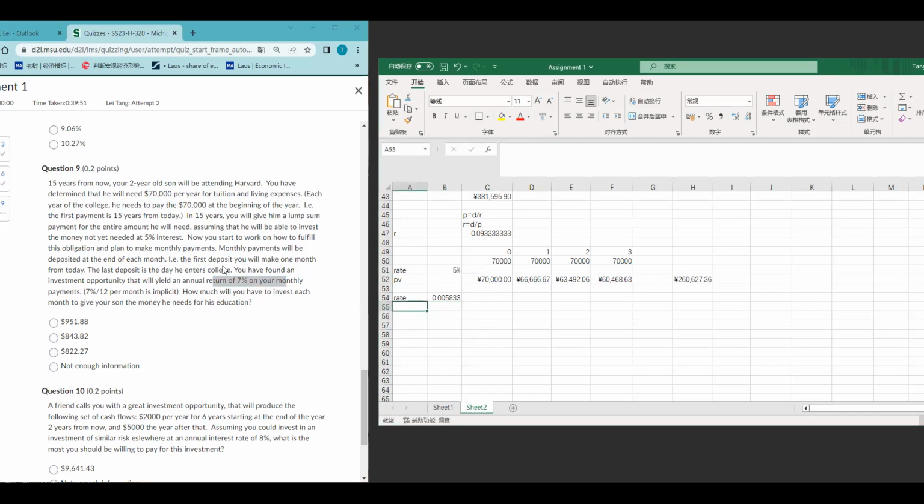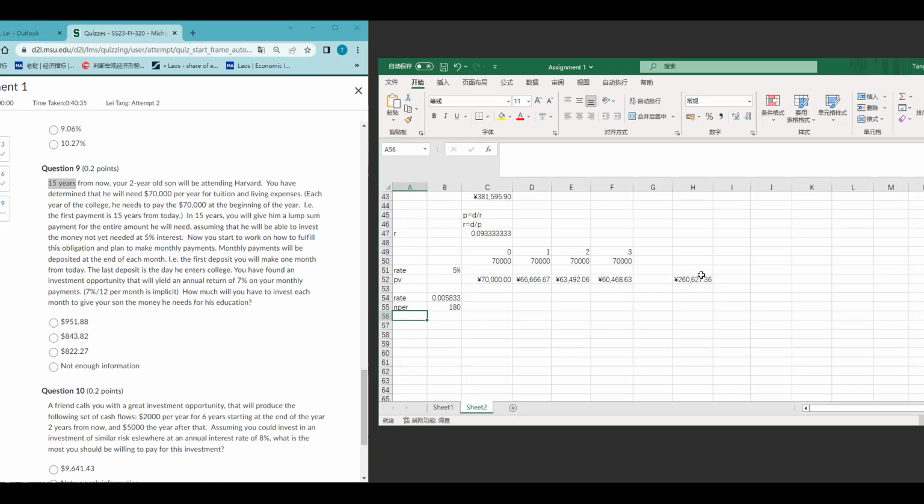And we also know the time, 15 years. Because it's monthly, it's 15 times 12, so the NPER is 180 months.